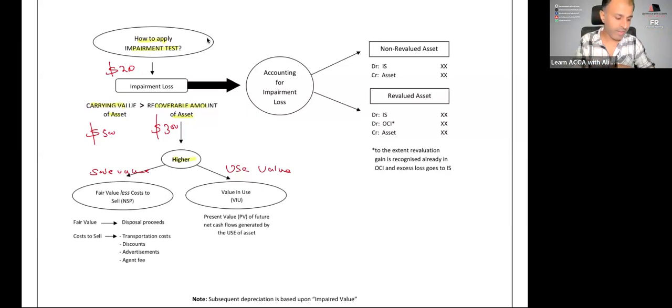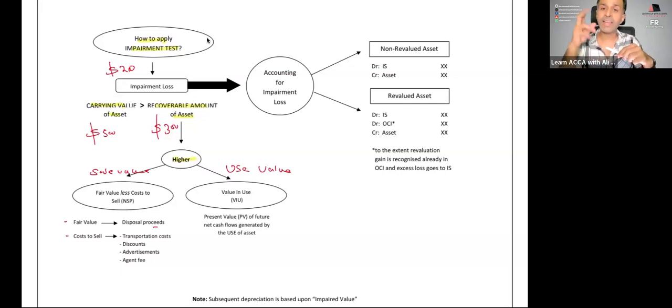So it takes the fair value, which means the proceeds of disposal, and cost to sell, which means any cost they expect to incur while selling. Advertisement is a genuine selling expense. Offering discounts, lowering the price by offering a discount, is a cost to a seller.